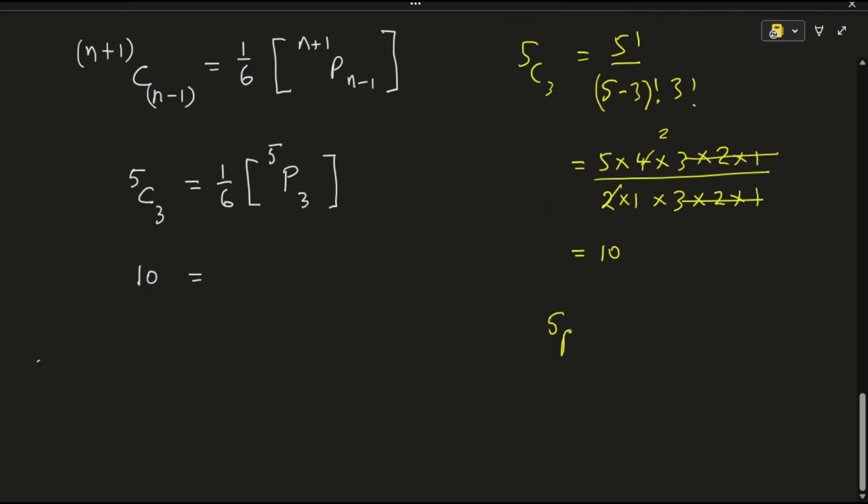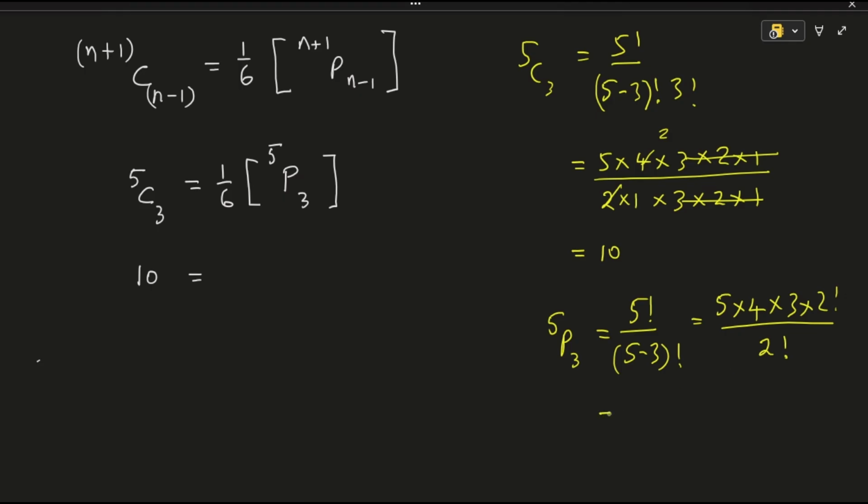So 5 permutation 3, we're going to get 5 factorial over 5 minus 3 factorial, which is 5 times 4 times 3 times 2 factorial over 2 factorial. So this goes off and we're going to get 60.